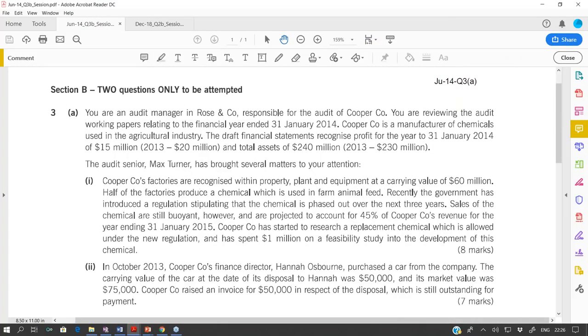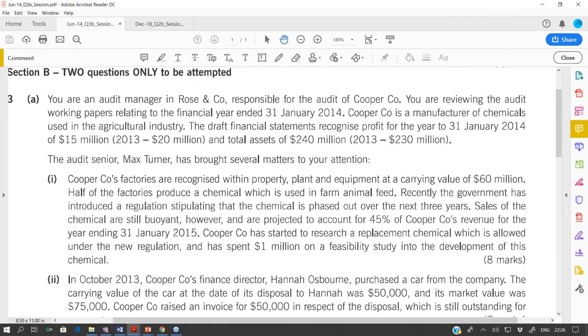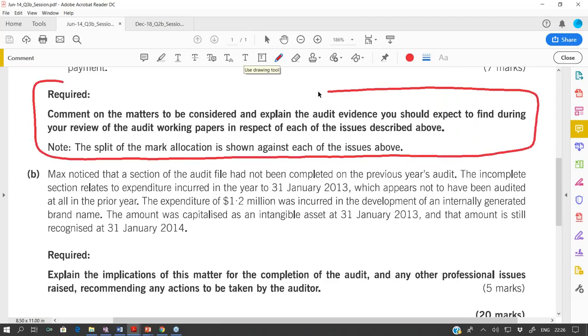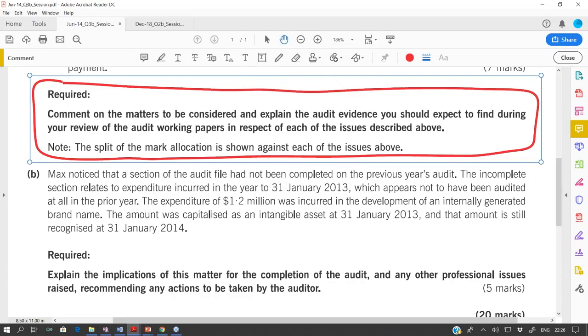When you look at your screen and scroll down to the requirements, the examiner is asking for a simple, straightforward requirement we just understood prior to the break. See the requirement over here. And please remember, this is a question of June 14. At that point in time, the marking scheme of MTR was 1, 1, 1, 3.